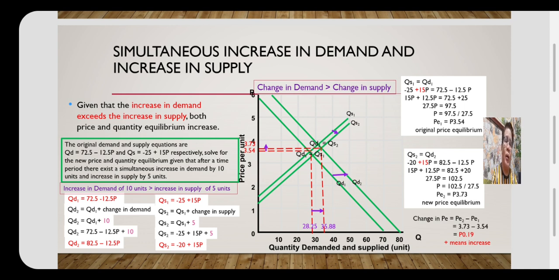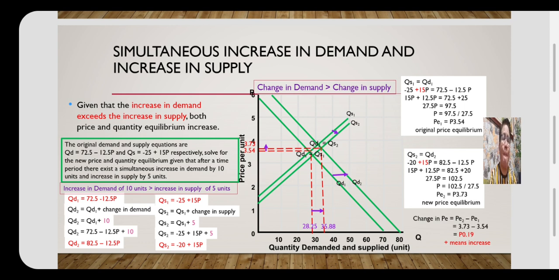So notice the graphical illustrations between the original and the new demand curve, and compare it to the distance between the original and the new supply curves.